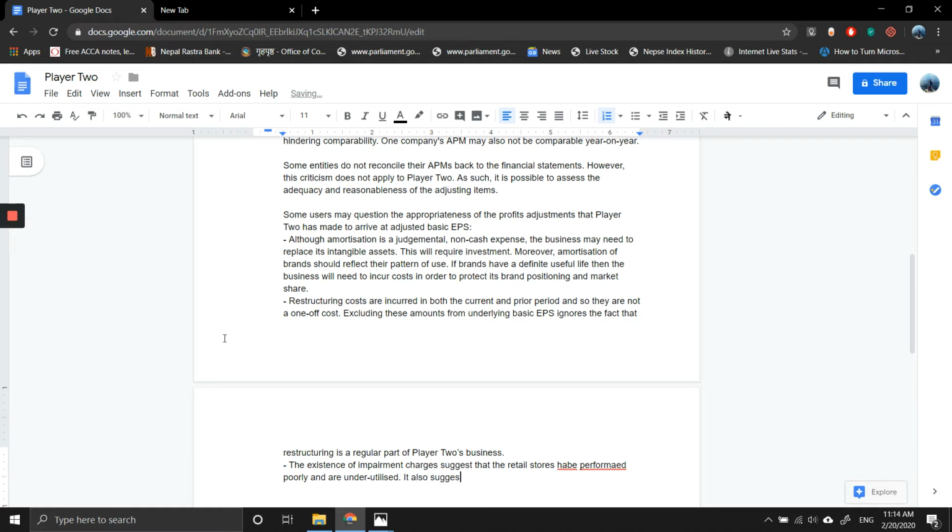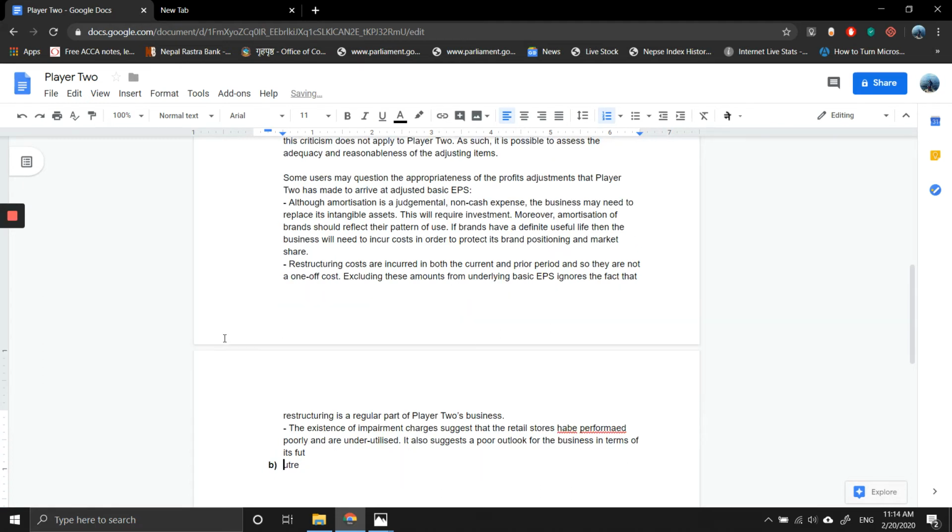It also suggests a poor outlook for the business in terms of its future cash flows, net cash inflows.